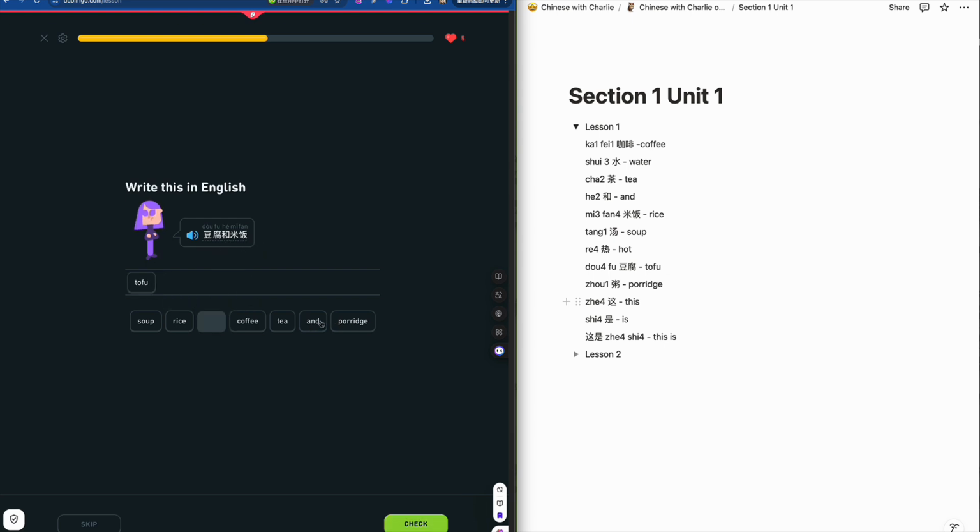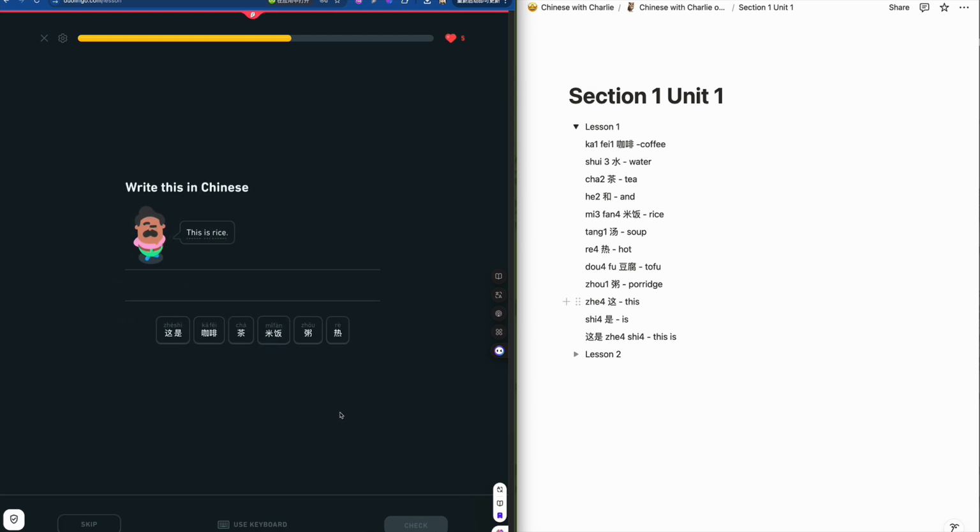No, not coffee. Tofu and rice. This is rice. Remember how to say this is? 这是. 这是米饭, 粥和汤, porridge and soup.